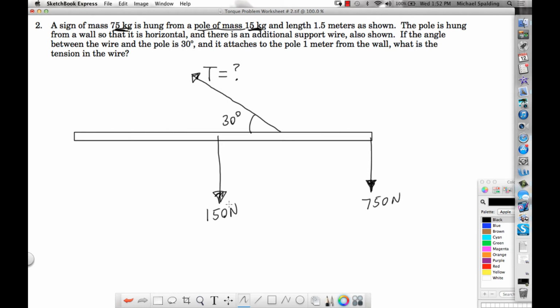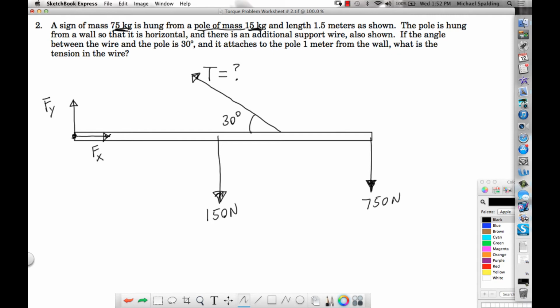What else? As I said, over here where the pole touches the wall, there has to be a vertical force. We'll call this Fy. And then there has to be a horizontal force, right? Because otherwise the pole would slip. If not for Fy, the pole would slip off the wall. And if not for Fx, the pole would break through the wall, right?